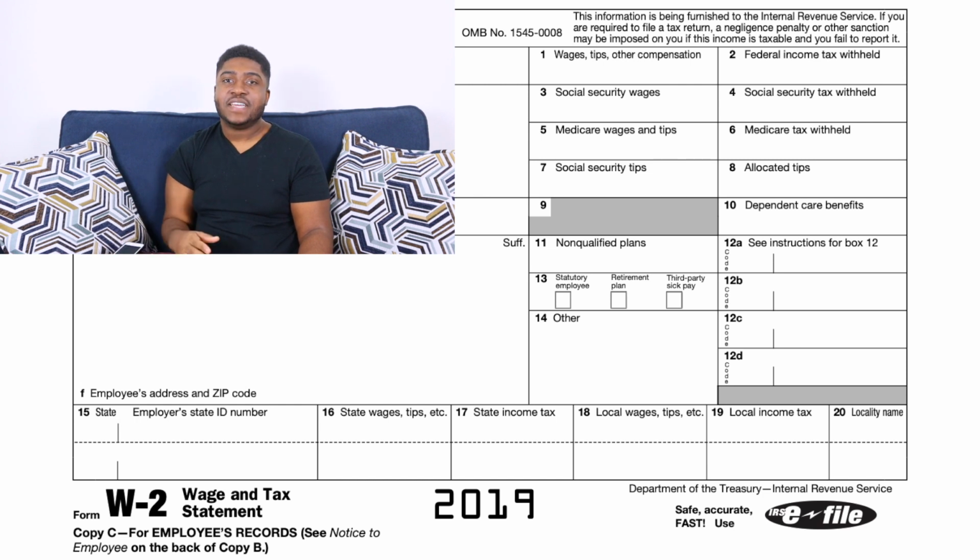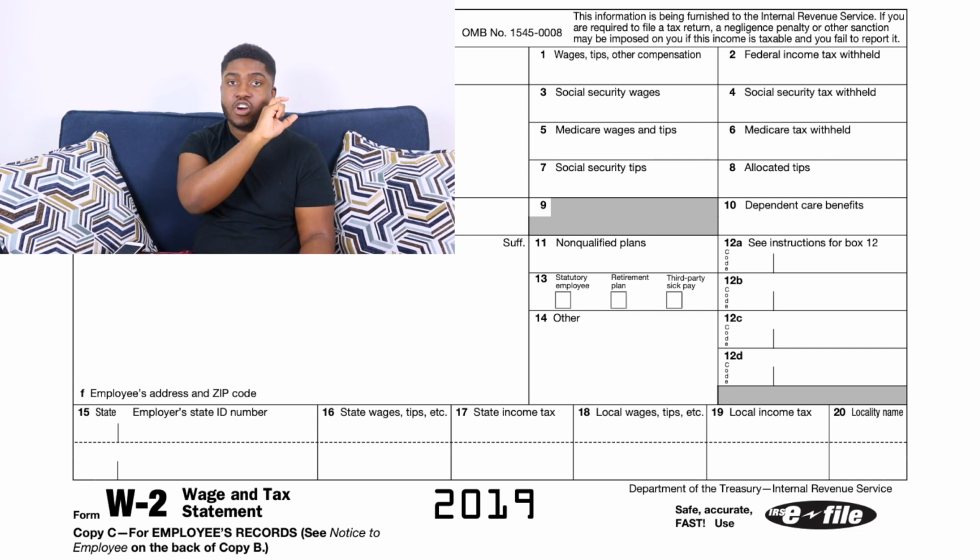And then finally, box 20, the locality name. So this is just going to reflect whatever the county or the name of the local municipality is. So just like box 15, where it has Maryland or New York, wherever it is that you're from, it's going to have whatever county is reflected in that specific state.